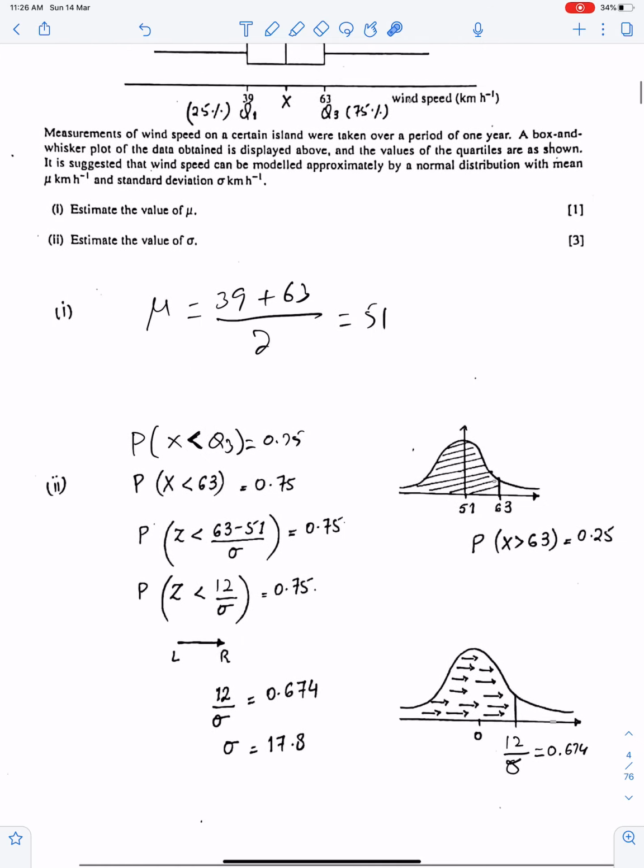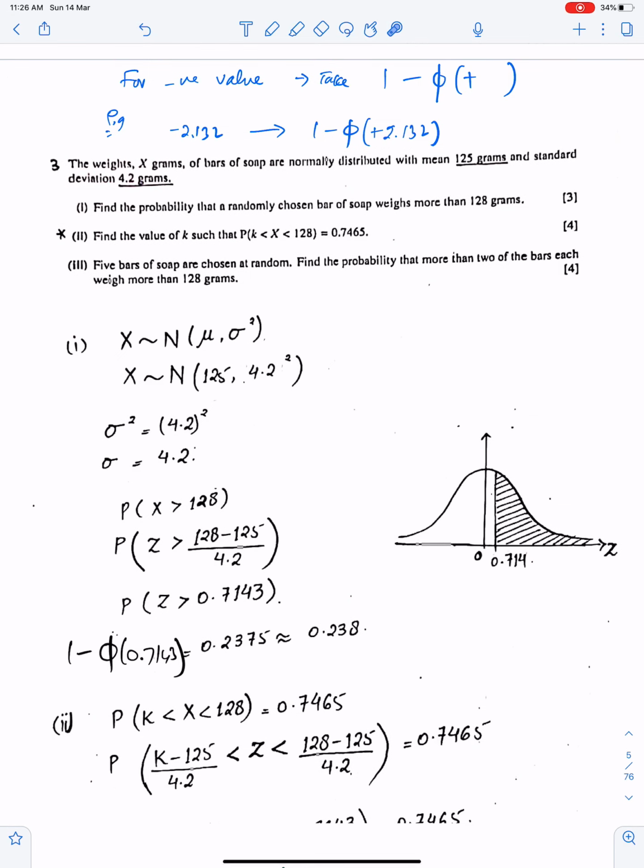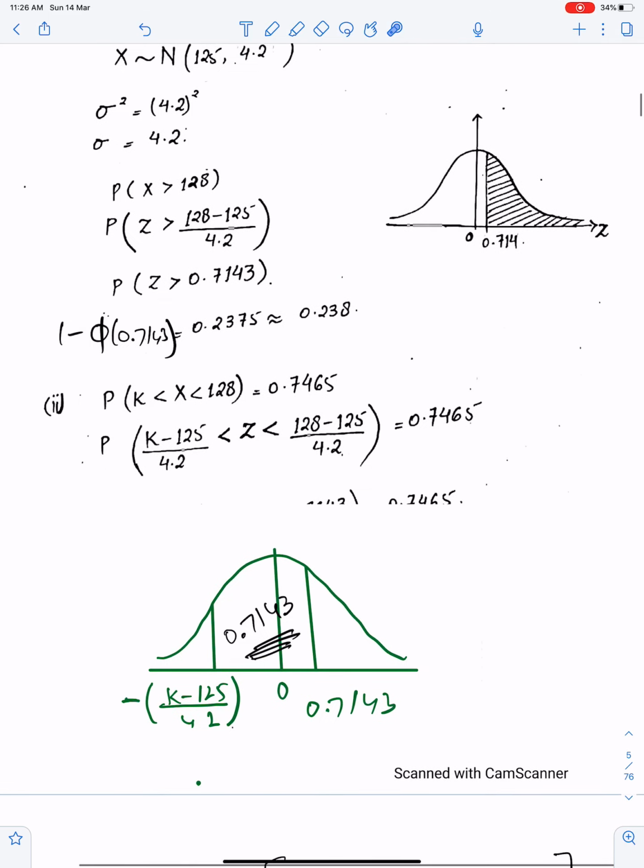But when we have unknown value, like this is unknown, here I will consider negative. If this number is on negative side of the curve, I will write negative. So for unknown numbers, always consider the negative sign for phi. See, this is here.